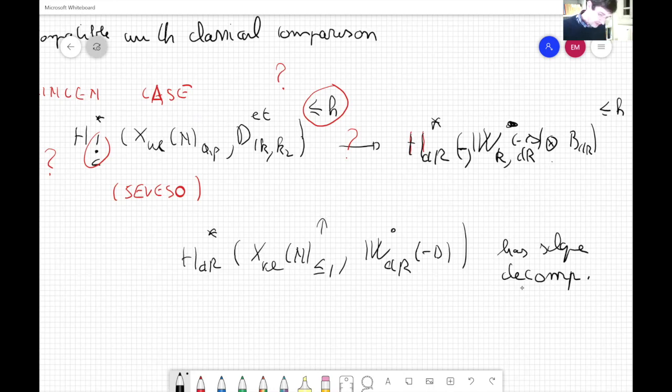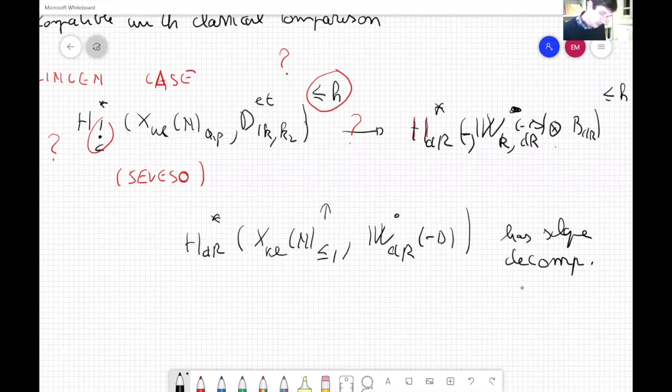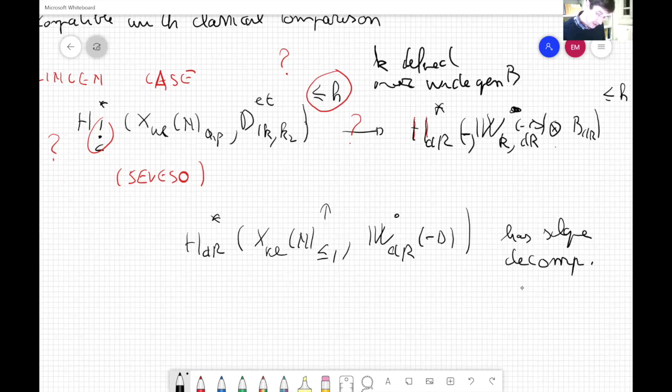And in fact, again, here, if our weight K is defined over some wide open defined by some B. Actually, here I forgot I should have also a K2 that was floating around. Sorry about this. I'm hurrying too much. Sorry.